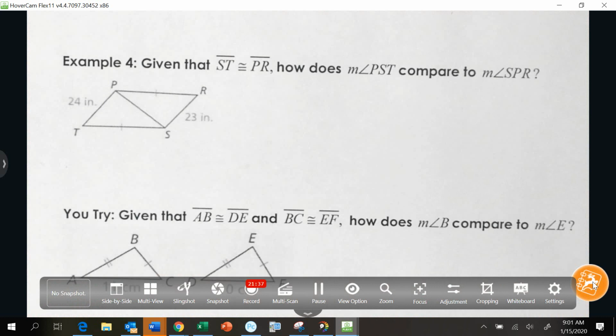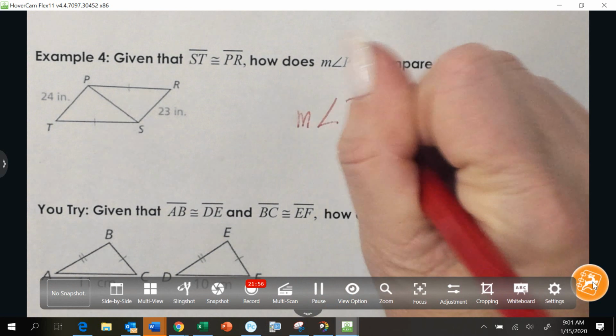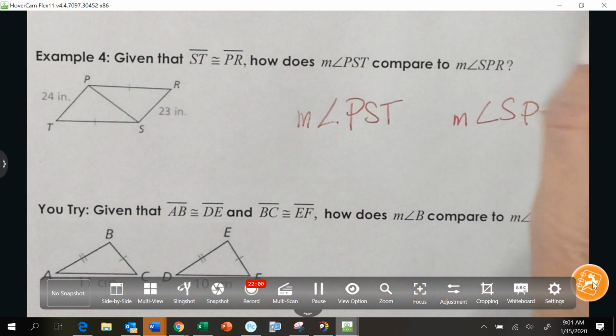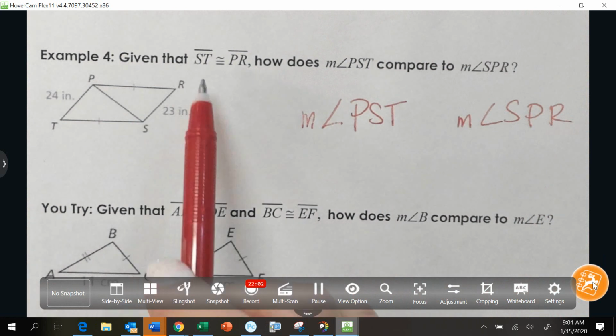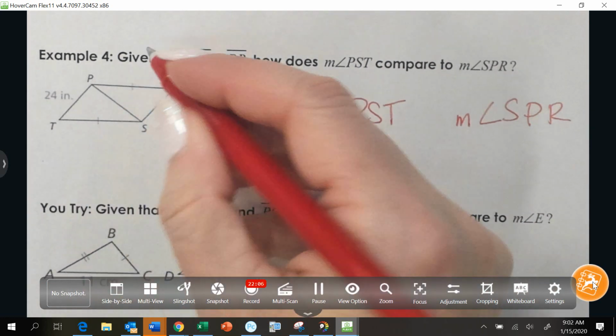So here, example 4, given that segment ST is congruent to segment PR, how does angle PST compare to the measurement of angle SPR? Okay, so we have given that ST and PR are congruent, this is already marked for you.